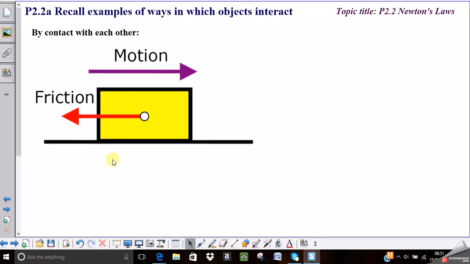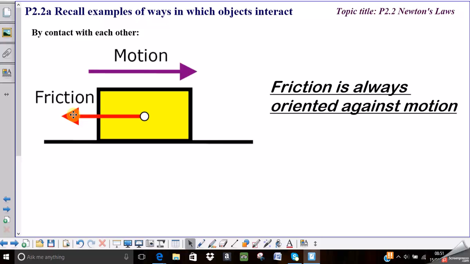This is the same diagram in a more simplified way. We try to push the crate to the right. Now here we have two options. The crate is moving to the right or is trying to move to the right. There will always be friction oriented to the left, because friction is always oriented against motion.